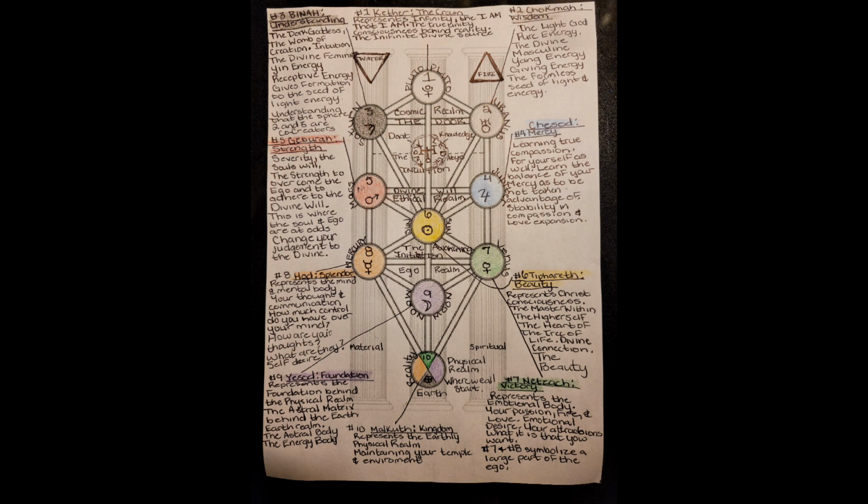It's receptive energy. It's listening to your intuition, trusting that guidance. This spear gives formation to the seed of light energy. So in trusting your intuition, you go into this mode of creation or formation that comes from it.